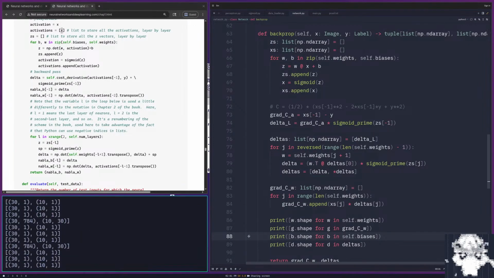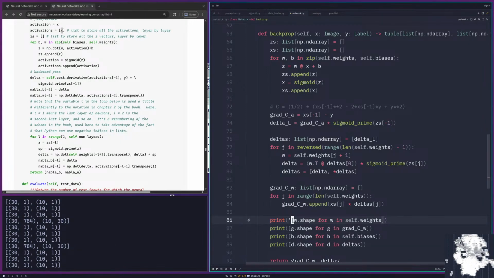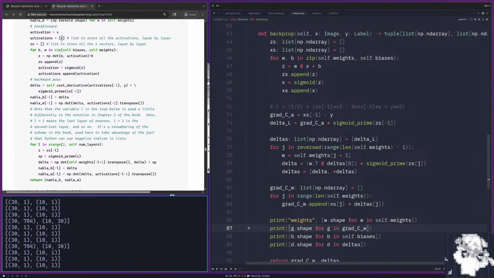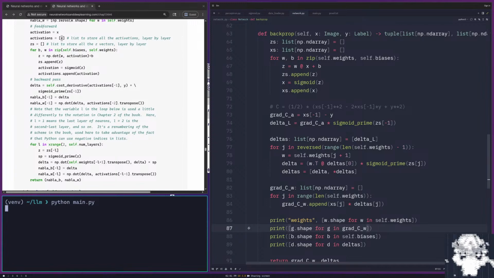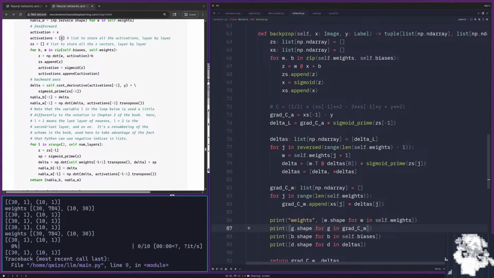Okay, that's not what I expected. This isn't quite right. I don't know which one's which, so let's add weights. That'll be enough. That'll let me know. Okay. So my grad C of W is actually not the right shapes.